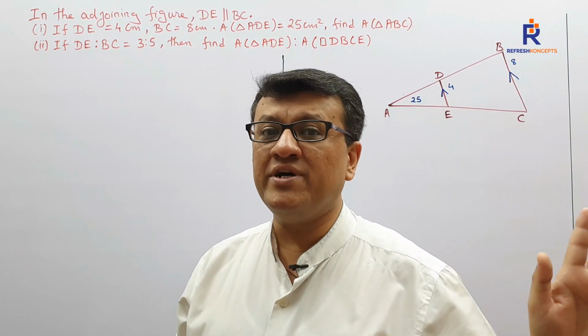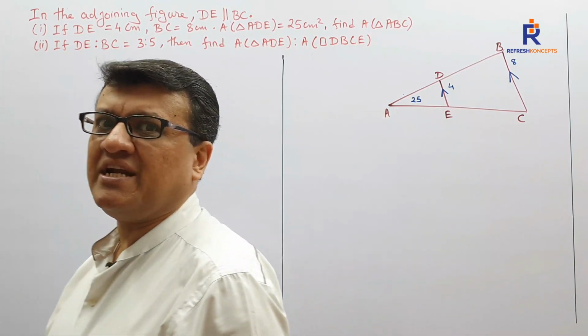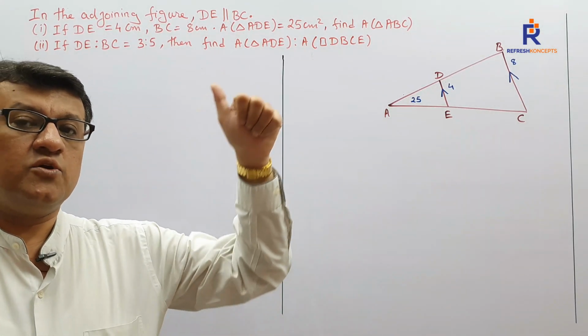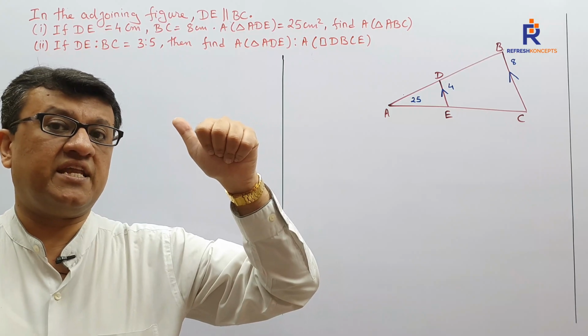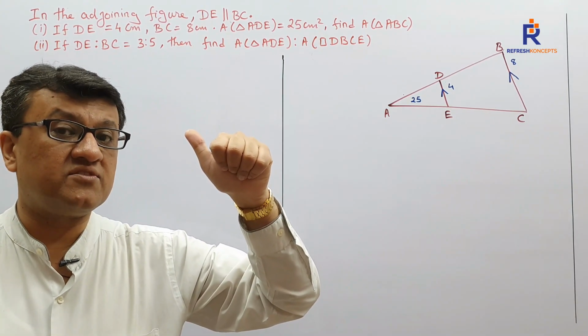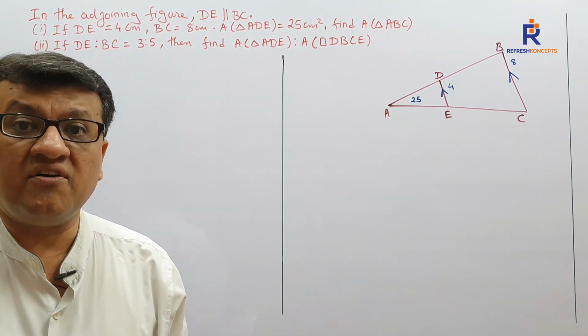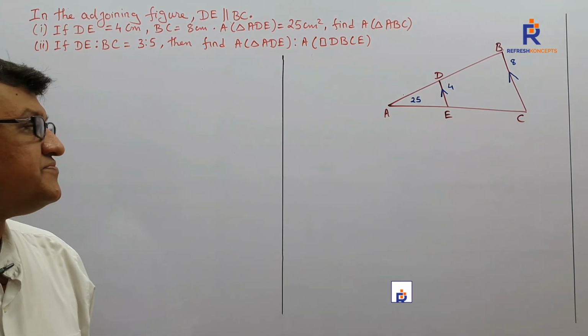It has nothing to do with similar triangles, right? So if you want to find out something related to area, there are only two properties available. We had 4 sub-properties.